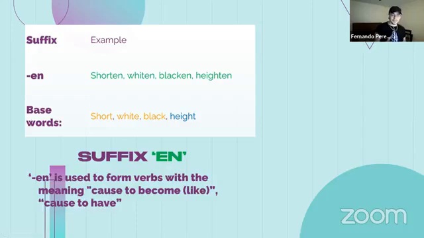Another example. If you're going to use colors, white, black, etc., any color can be used as a transition. For example, after a period of washing or wearing your white shirts or your white blouses, they start getting yellow.